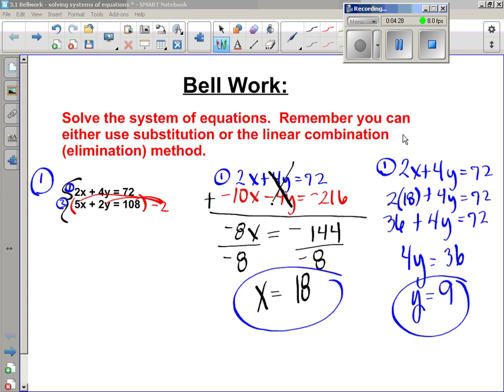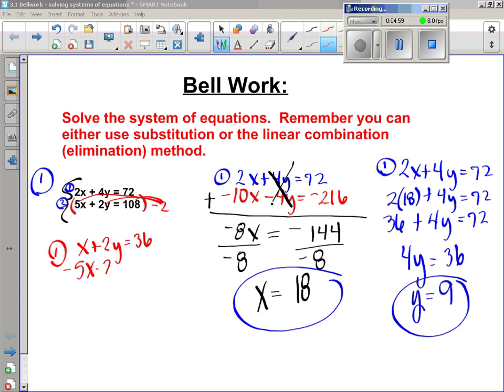I'm going to show you what I did just because I think it made my numbers a little smaller. Just a heads up, something you could do is I took equation number 1 and I noticed they were all even. So I just divided them all by 2 to make those numbers smaller, which also would give me the same number in front of the y. So I divided everything through by 2 and got x plus 2y equals 36. You can do that as well. But then I would need to multiply one of these through by a negative. So I chose to multiply the bottom one through by a negative.